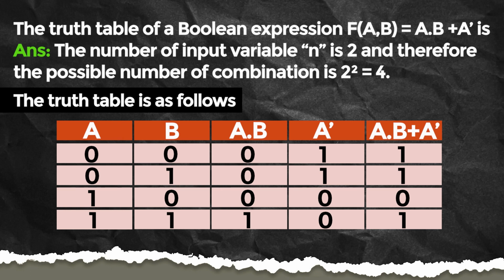Therefore, for all the 4 possible combinations: when both the inputs are 0, the output is logic high. When A is 0 and B is 1, the output is logic high again. When A is 1 and B is 0, the output is logic 0, that is logic low. And when both the inputs are high, the output is high, that is logic 1.